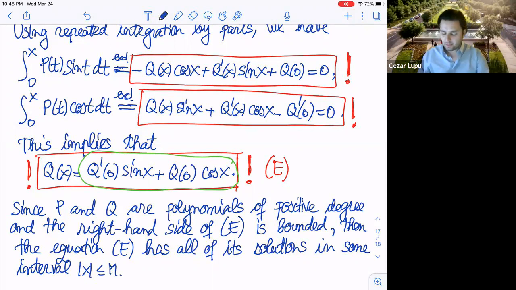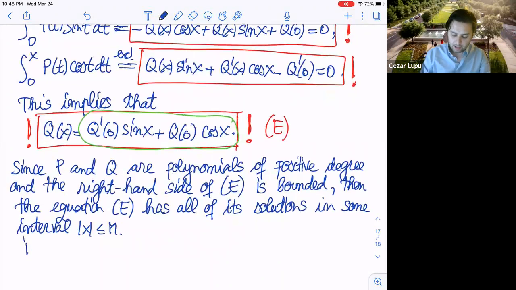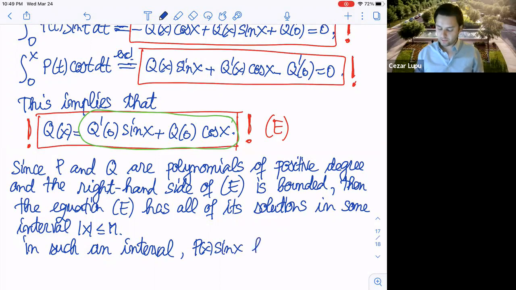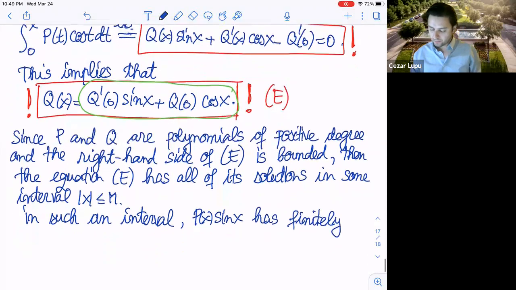Well, the problem is that in such an interval, these functions, so p of x times sine of x, has only finitely many zeros.